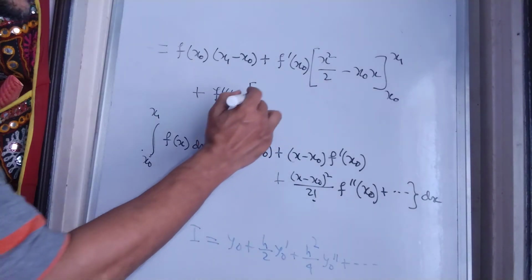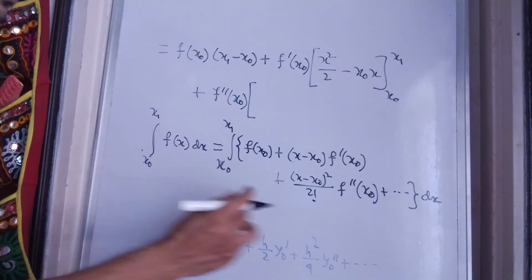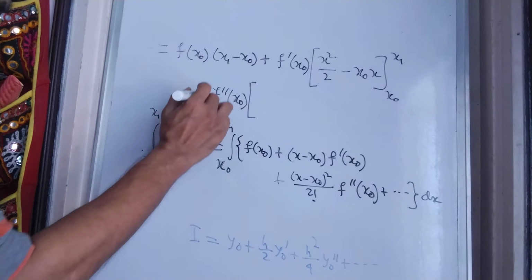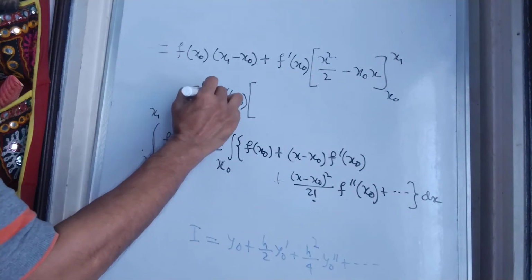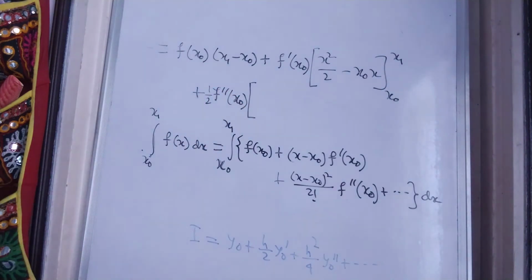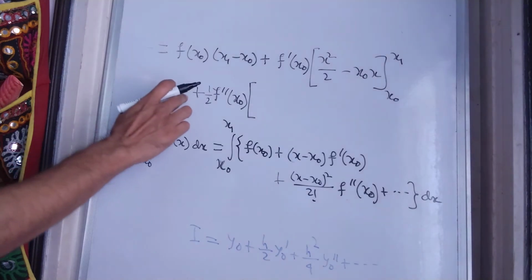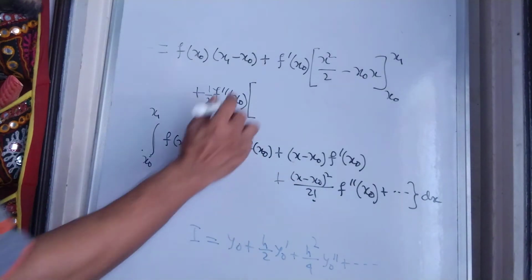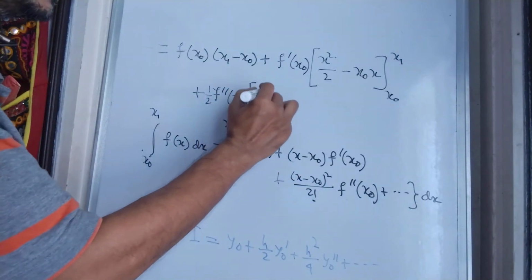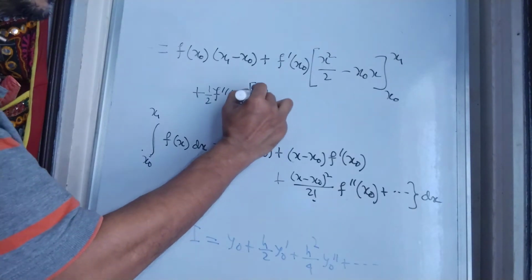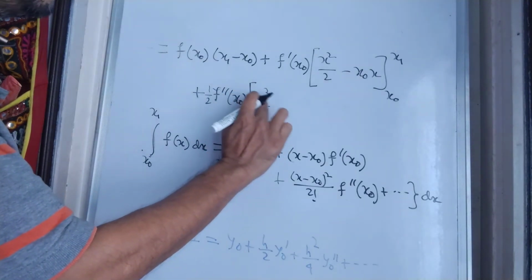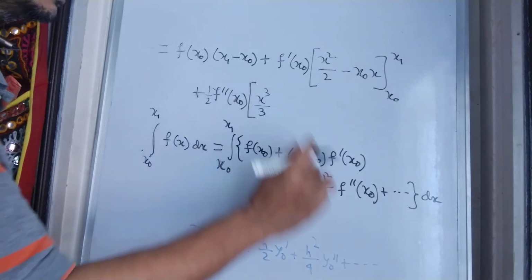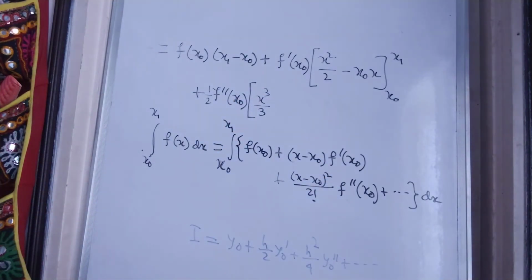So when we integrate this, just remember that there is a factorial 2, so we should not forget about this. I write it as half. So x square when integrated gives x cube by 3, the first term of this. The second term is 2x x0. When x is integrated, it gives x square by 2.